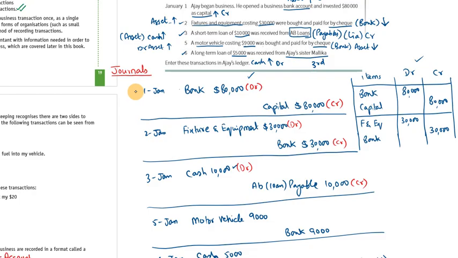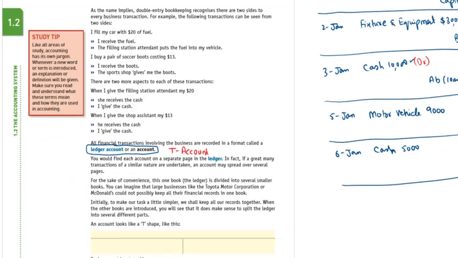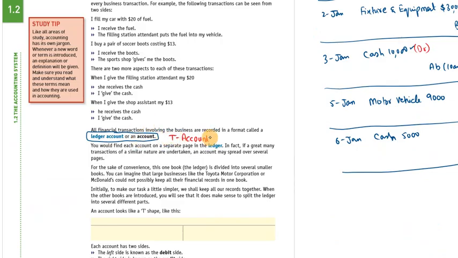Journals mean recording double entry. In journals, I will record the business transaction in debit and credit form. These journals are double entry. From double entry, from journal, we will move towards the ledger. Here is the ledger, also called T account.